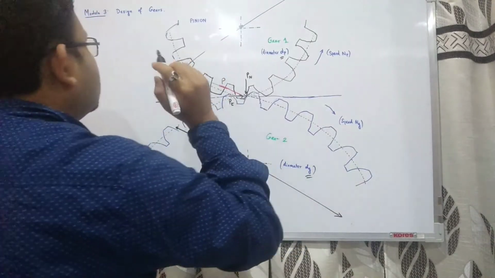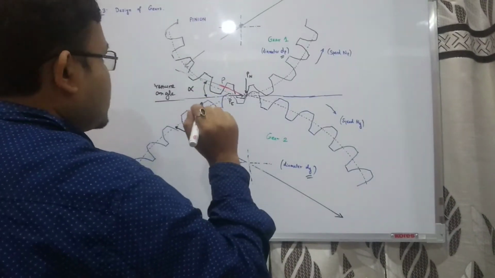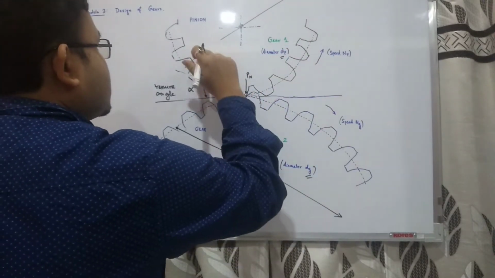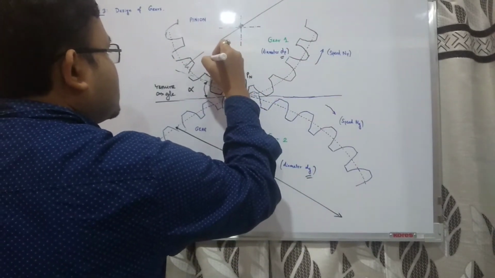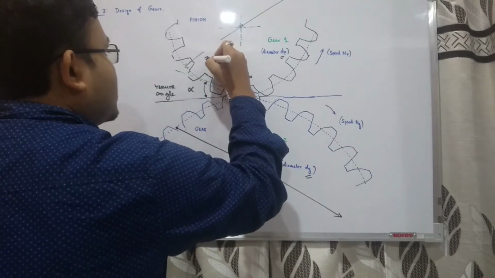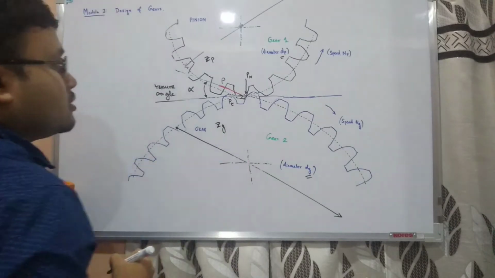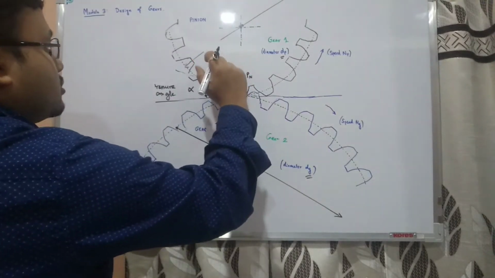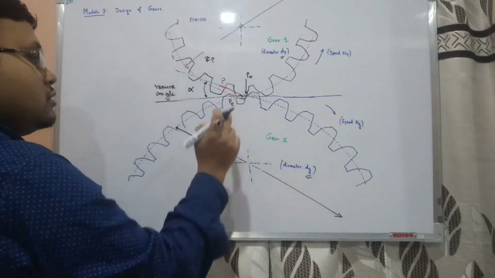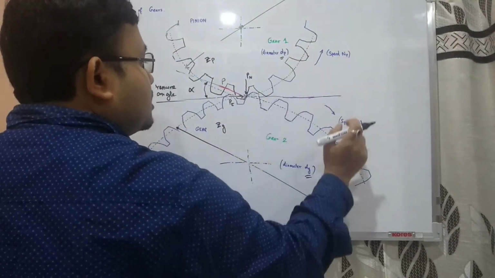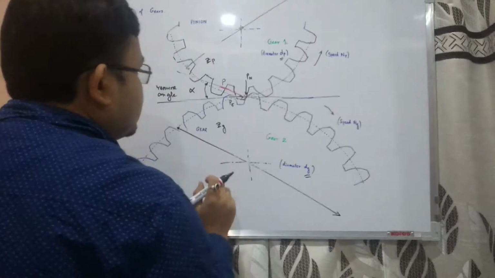Now we have defined dp and dg. Let's assume that the number of teeth for the pinion is zp and for the gear is zg. We write p for pinion, g for gear. The speed for the pinion is np, the speed for the gear is ng.